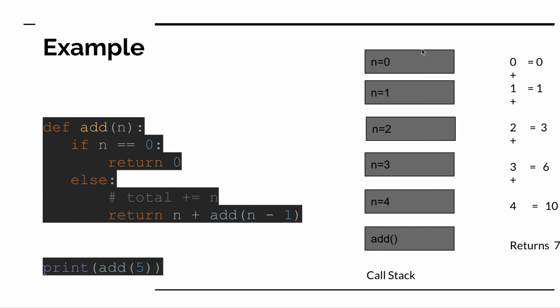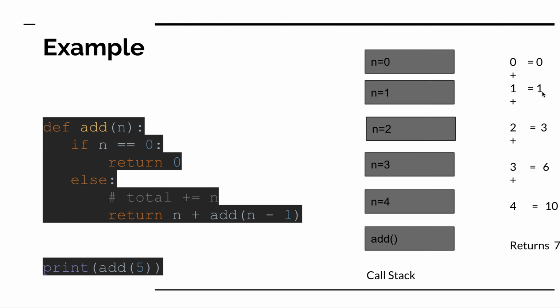Now the pointer comes out of the call stack, and the summation calculations happen using the return values. n is 0 at the moment, so 0 comes out. When it goes to the call stack where n is 1, it's 1 plus 0, because add n minus 1 returned 0 from the previous call stack. So 1 plus 0 is 1, as I have noted on the right hand side of the slide.